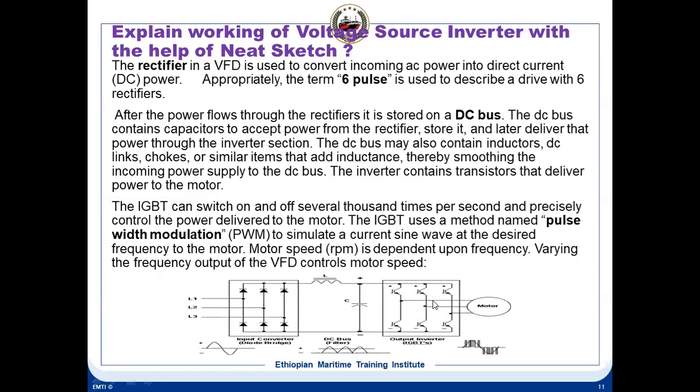So with IGBTs you can turn on and turn off, and you can vary the voltage and frequency. That is called pulse width modulation. By varying the width of the pulse and varying the firing angle, you can vary the RMS voltage as well as the frequency. So these are the advantages of the voltage source inverter. Here we are using IGBTs or GTOs because by gate signal you can turn off and turn on.